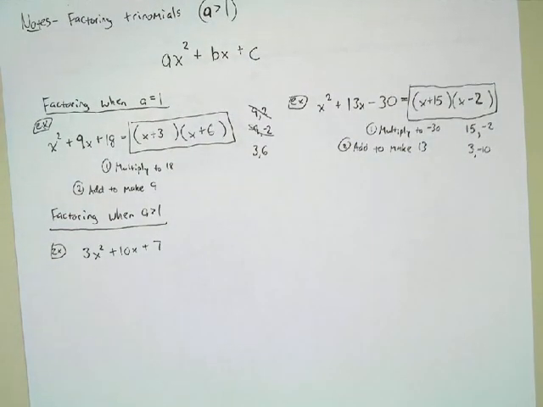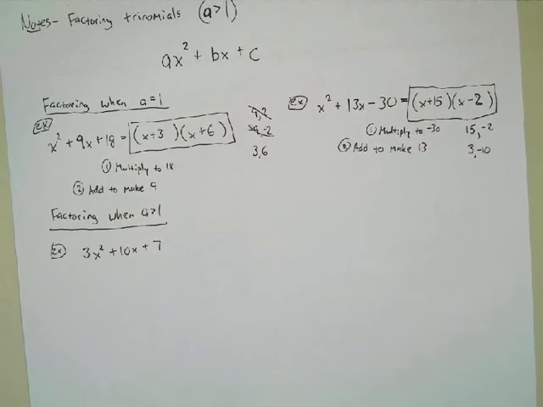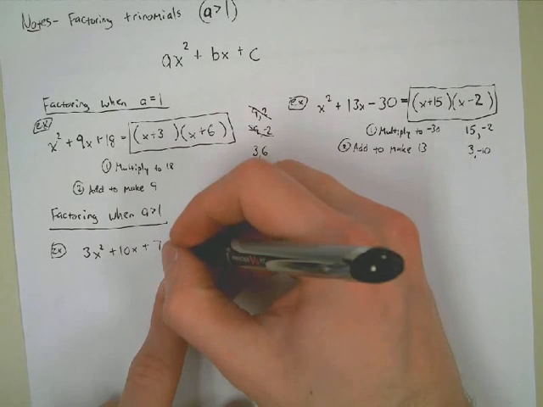It's still the same concept. What we mean by that is that you're still going to need to multiply two things together. If it factors, it will factor into two binomials.